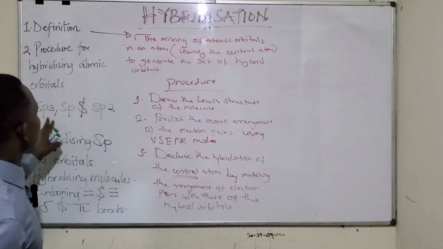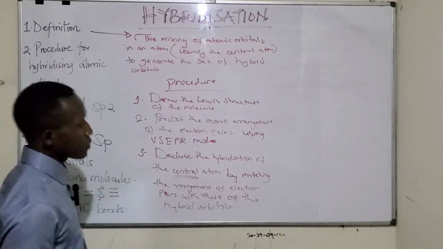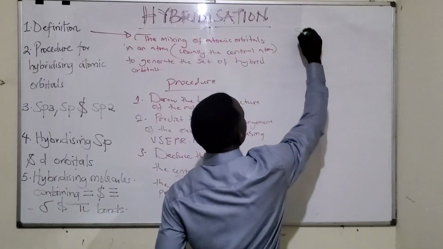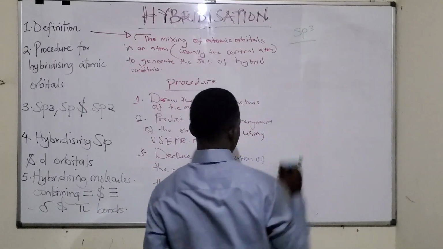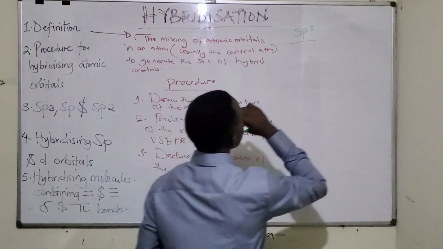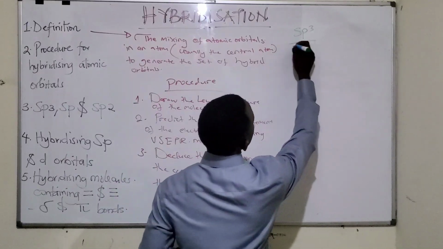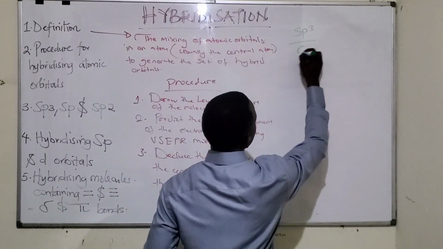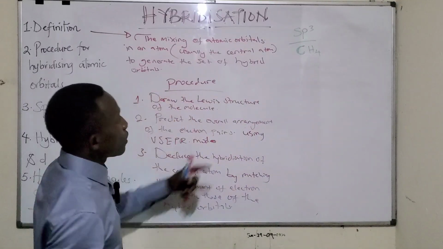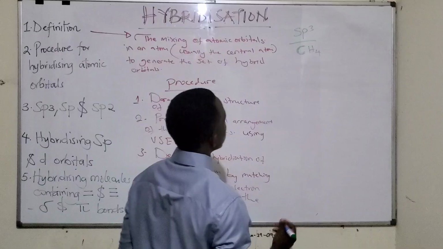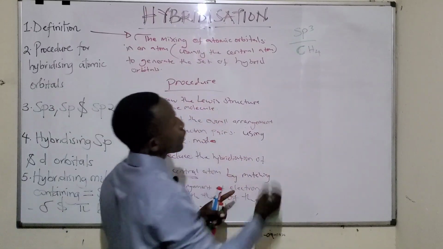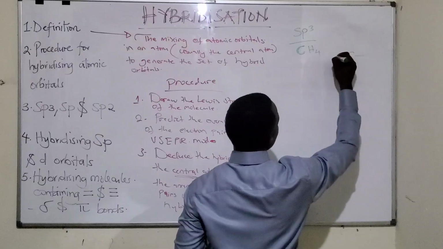Let's begin with the sp3 hybridization. Here we can get some examples. For example, let's have methane, CH4. If we are to draw the Lewis structure for CH4, it will be like this.